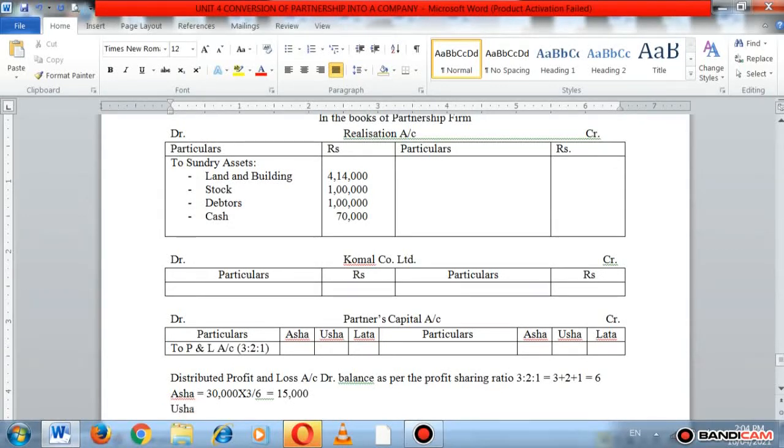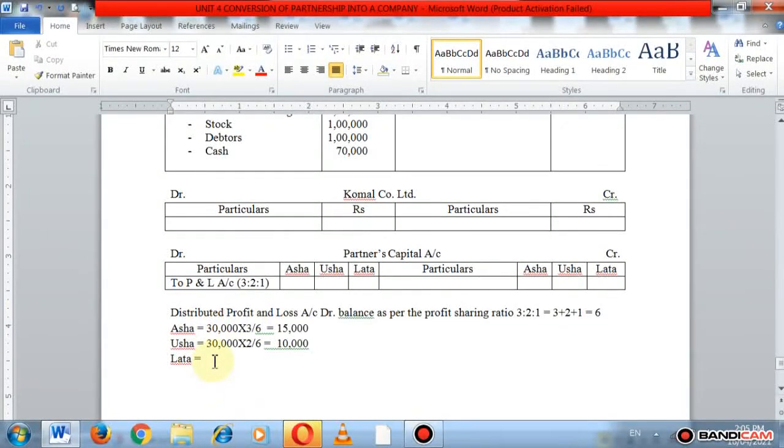Same calculation for Usha, that is 30,000 multiplied by 2 divided by 6 is equal to 10,000, and for Lata, the remaining balance, is 30,000 multiplied by 1 divided by 6 is equal to 5,000.